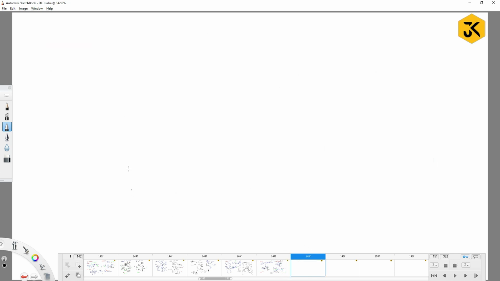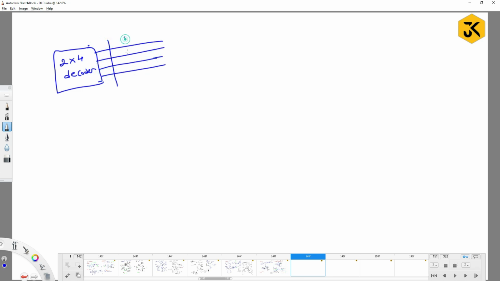Okay, fine. So for example, if I am going to have a 2x4 decoder, and I am going to have 4 lines as output, and there will be 3 functions. Now, can you tell me how many connections are required, maximum, for this particular requirement, and how many links are required?